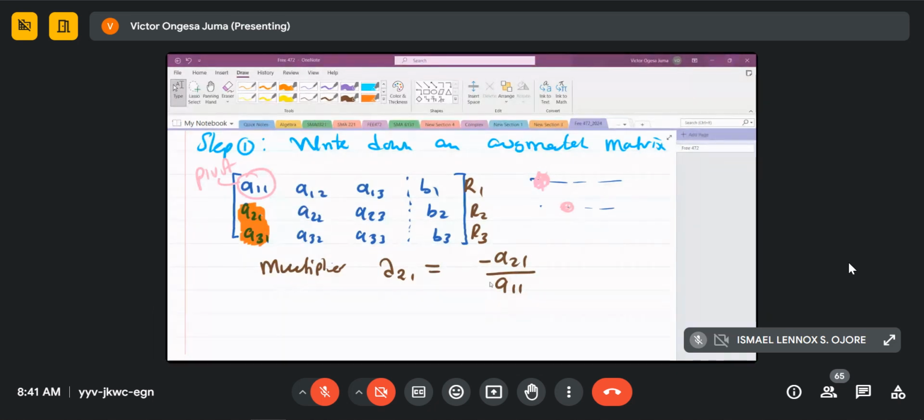The idea is to make A21 to 0 and also make A31 to be 0, those two I've highlighted. Since I want to reduce row 2 and row 3, I avoid multiplying those rows by anything. I can only multiply the row I want to use to reduce row 2, but I don't multiply the row I'm eliminating or reducing.